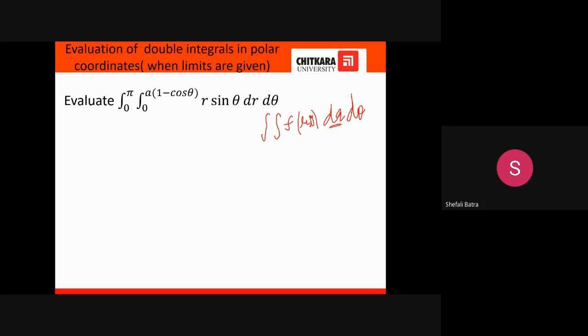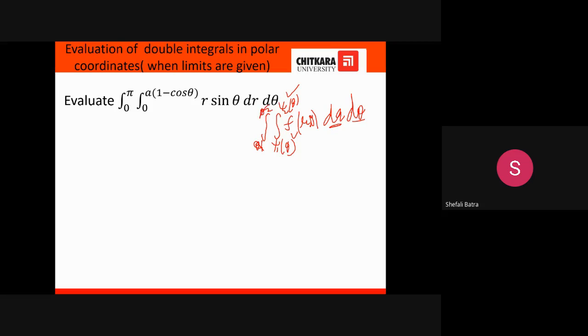Then the limit of r would be in terms of theta, and the limit of theta would be constant. So let us represent it with alpha and beta.